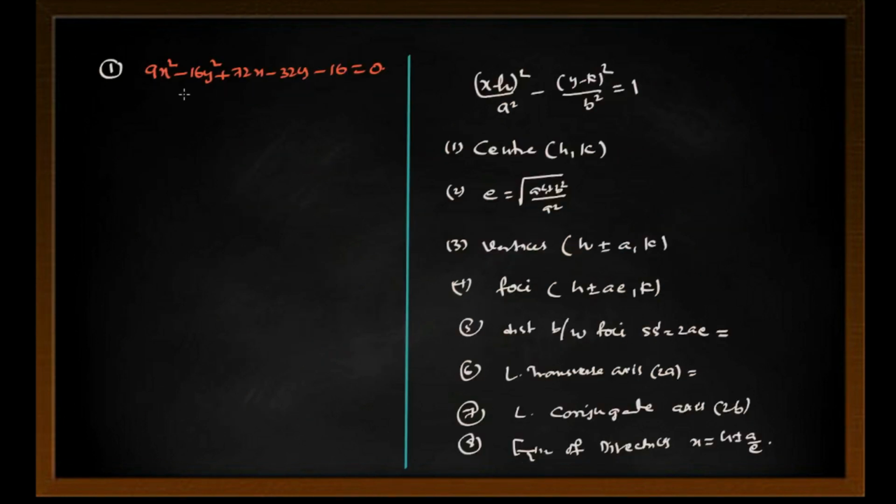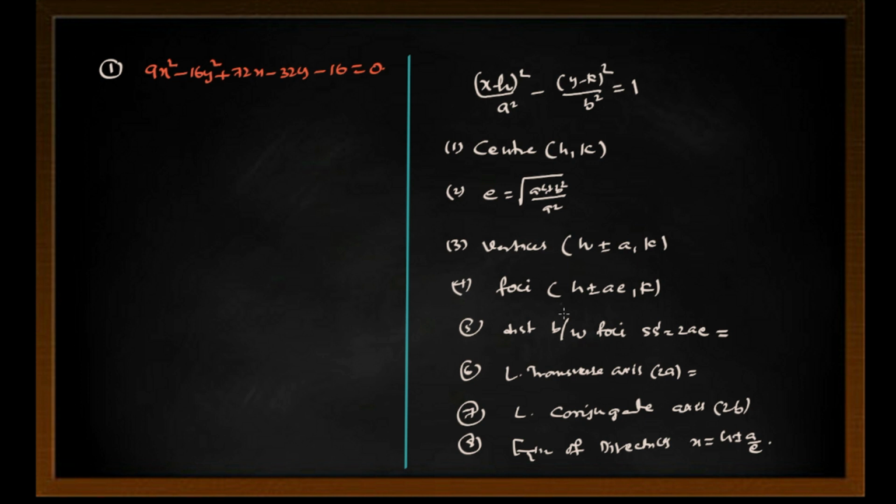First question: a hyperbola is given, and we have to find the center, eccentricity, vertices, foci, distance between the foci, that is SS dash equals 2ae, length of transverse axis, length of conjugate axis, and equation of directrix. In EAMCET exam we have to find any one of these 8 values.